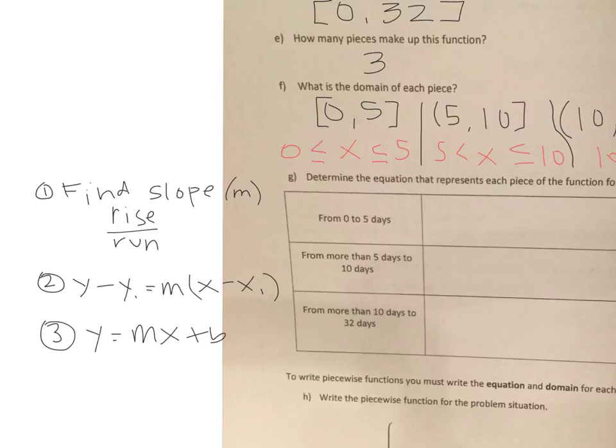So that means that my m would be -3 over, and then I look for the change in all of my x values. They're going up by 1. So that means my slope from 0 to 5 days is -3 over 1, or -3.